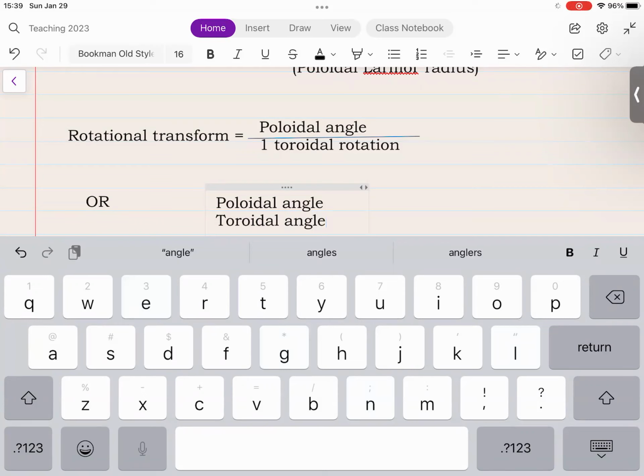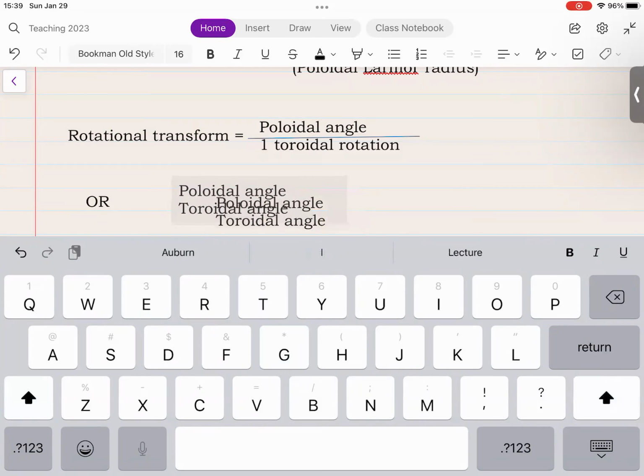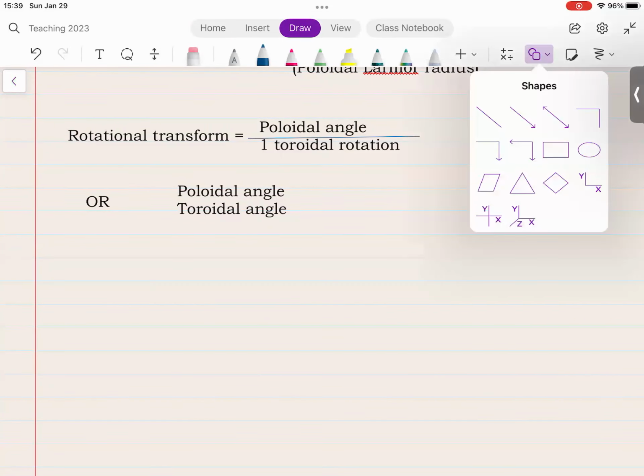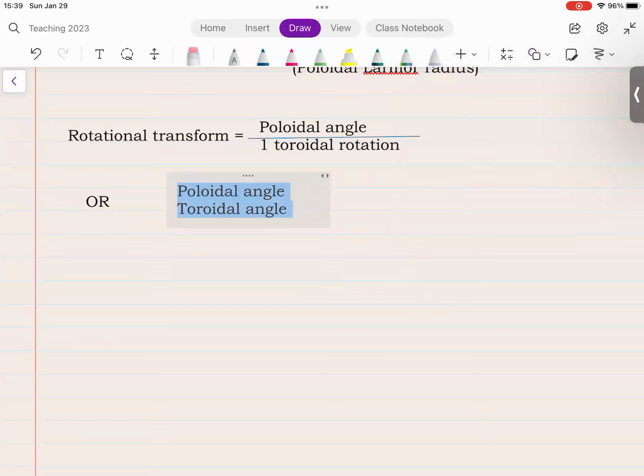And I will let my colleagues in the stellarator CTH experimental field tell you which one is the proper one.